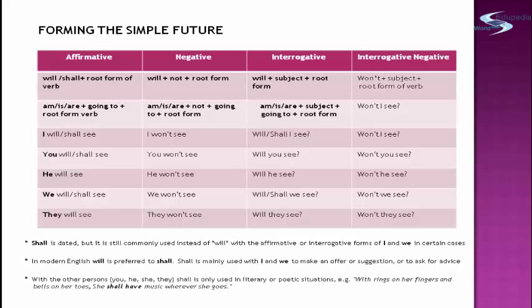With the other persons like you, he, she, they, shall is only used in literary or poetic situations. Example, with rings on her fingers and bells on her toes, she shall have music wherever she goes.